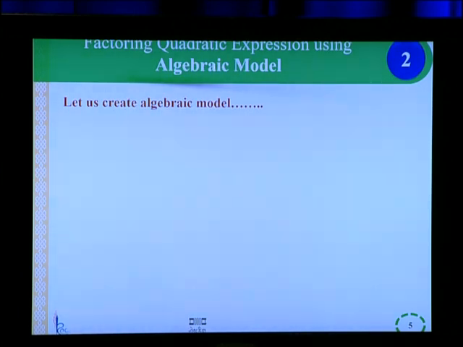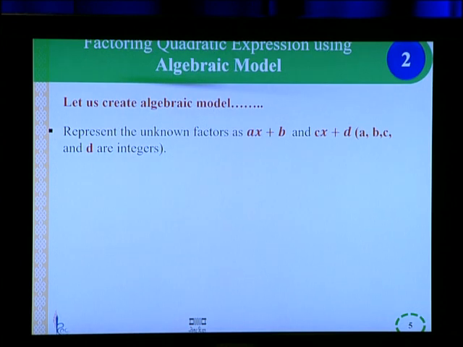A quadratic equation which is in standard form ax square plus bx plus c can be written in factored form as ax plus b and cx plus d. These two factors ax plus b and cx plus d are unknown.